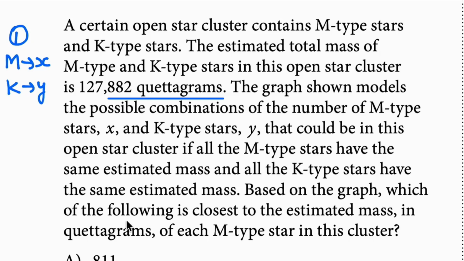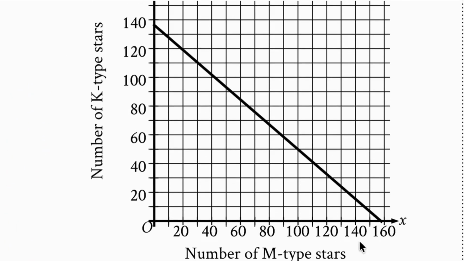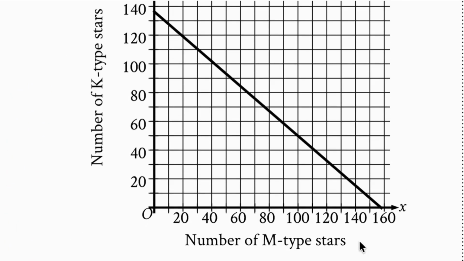Based on the graph, which of the following is closest to the estimated mass in quadrograms of each M-type star in the cluster? Okay, now if I see this question, it has nothing to do directly with the graph. But what is asked? M-type stars. No question about K-type stars, right?